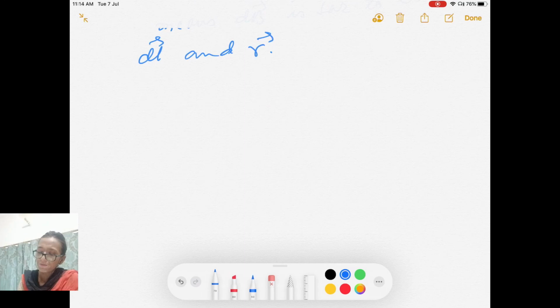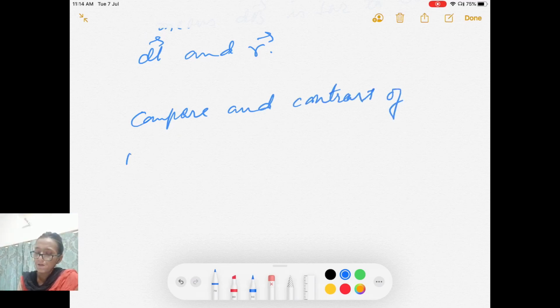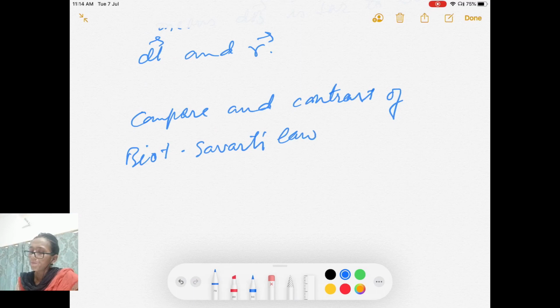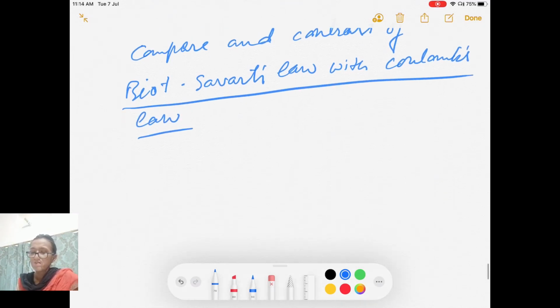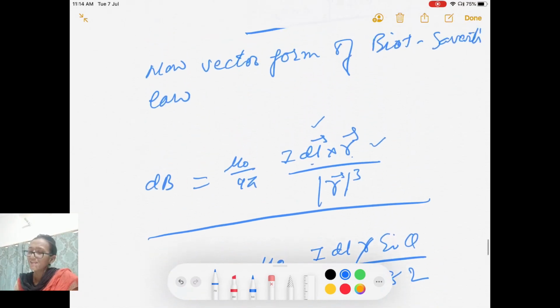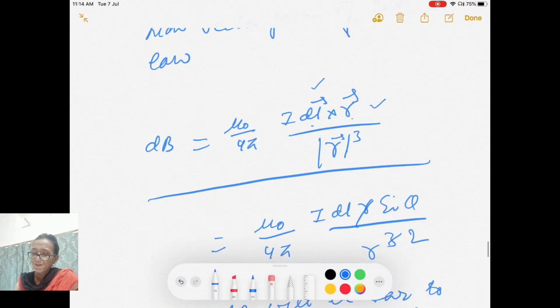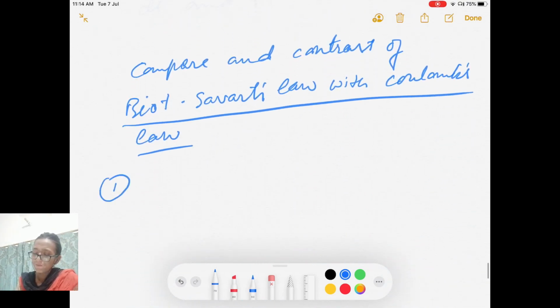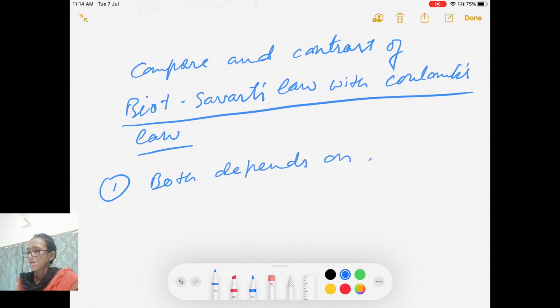Compare and contrast Biot-Savart's law with Coulomb's law. Both depend on inverse square law.